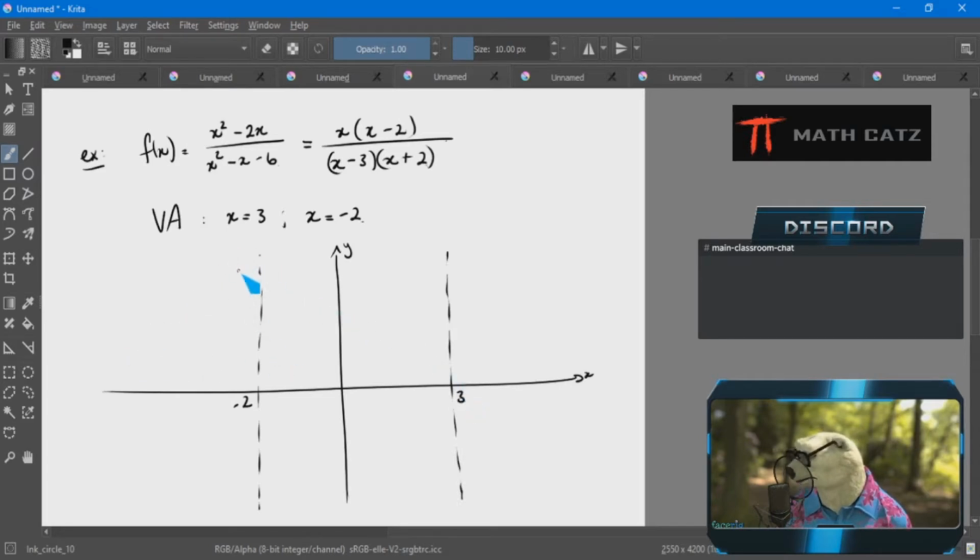As I approach these lines, I know, without much effort, because I've identified it as a rational function, that it is going to behave in one of these two ways, but I don't really know which one. And with the x squareds, I don't know without a little bit of effort.